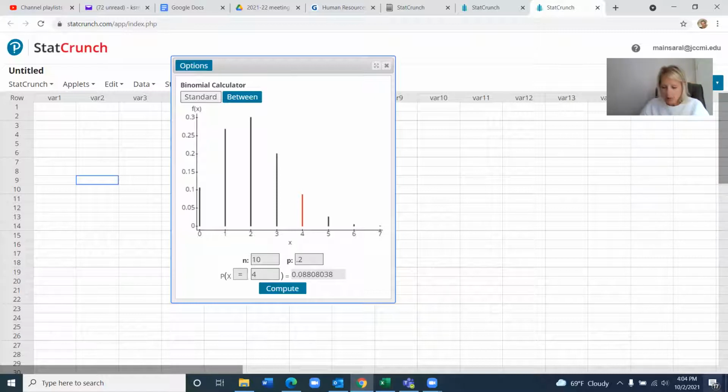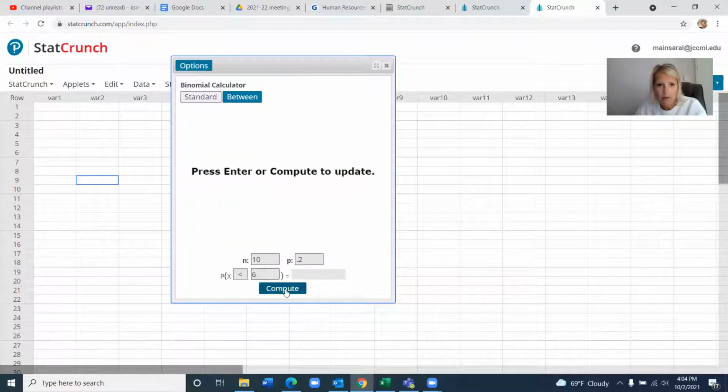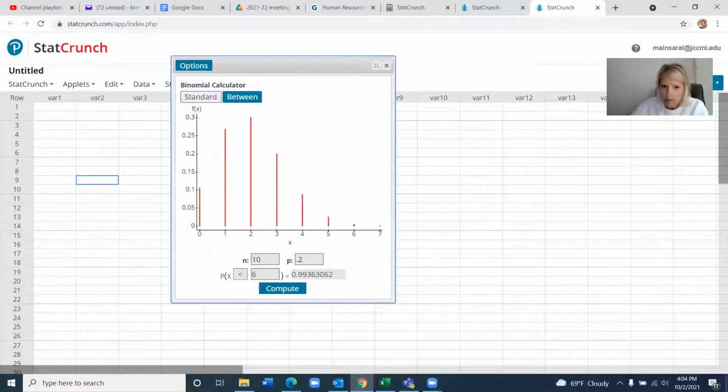Strictly less than 6 means that they had 5 or less, so 0 through 5. So 10 and 0.2 are still the same. This has to be strictly less than, and then we're going to put in 6 and compute, and we'll go back to our paper. So this is 0.9936.